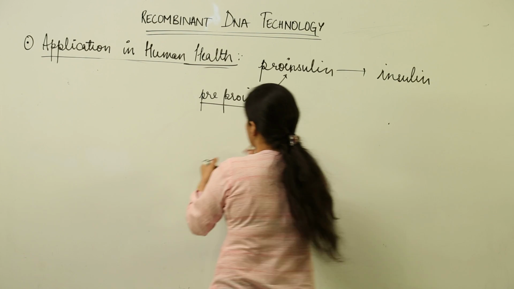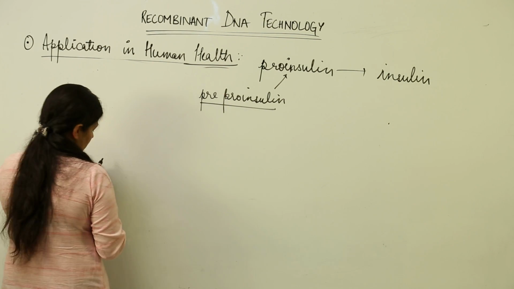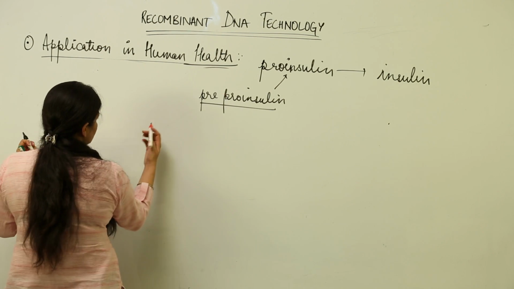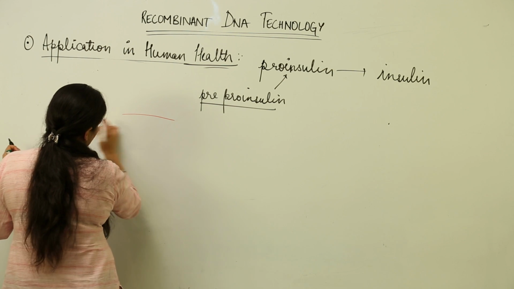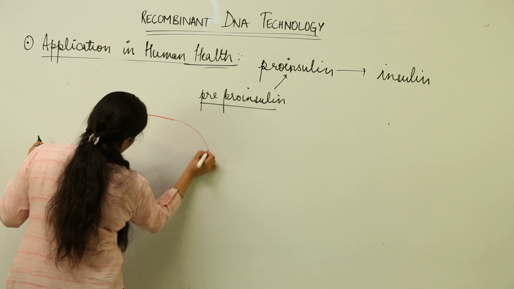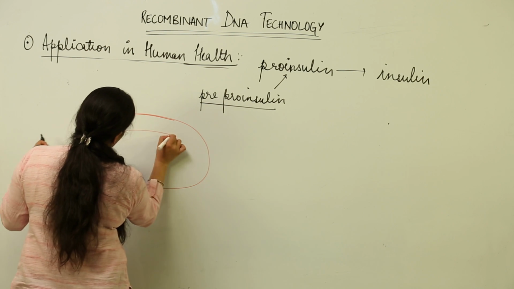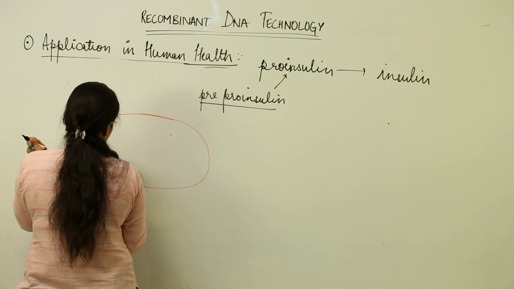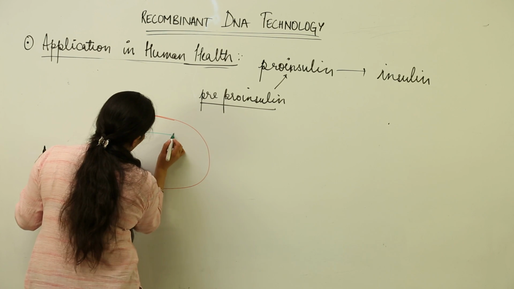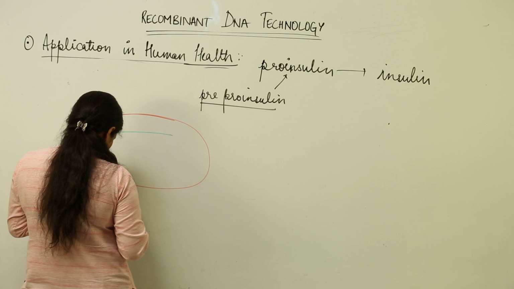Now, what happens is that this proinsulin has 3 peptides. It has A peptide, B peptide and C peptide. Out of these, A peptide and B peptide are necessary, while the C peptide has to be removed.